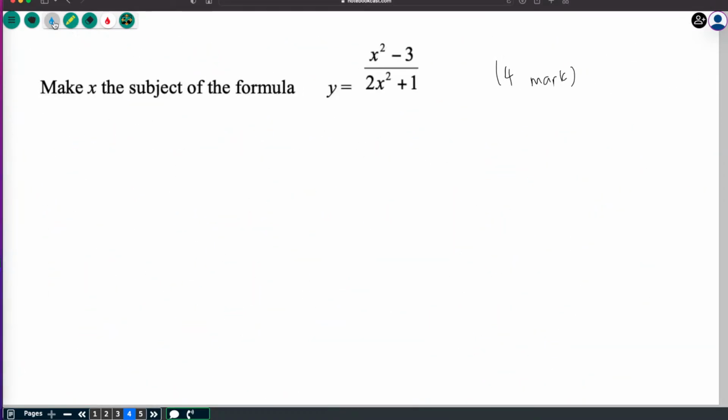Okay, the next question here is a rearranging problem. Make x the subject of the formula. This is, I would say, often a subject that causes problems. There hasn't really been a year where this type of topic has been done really well.